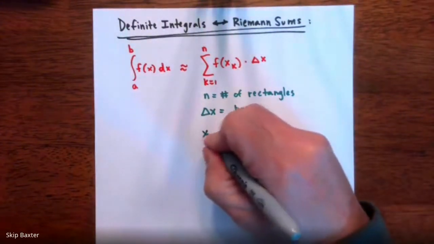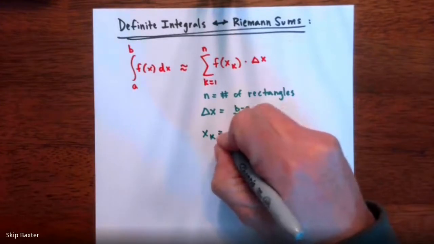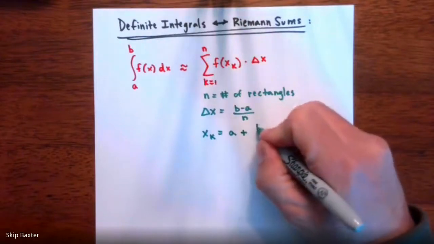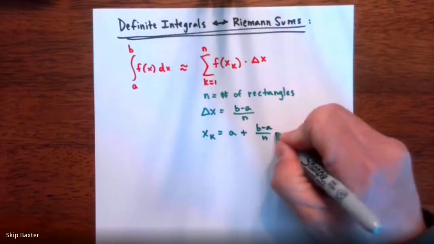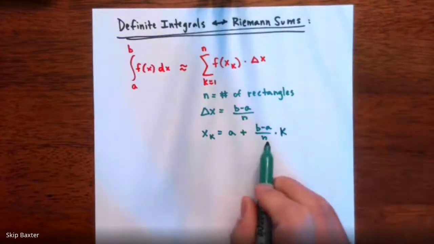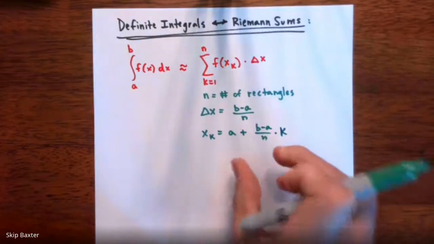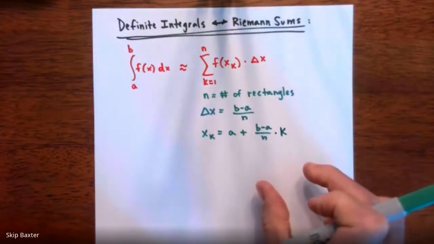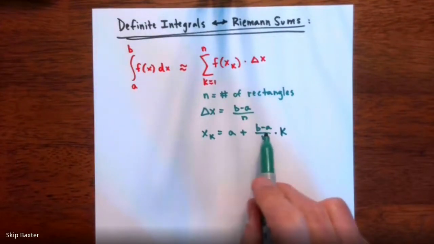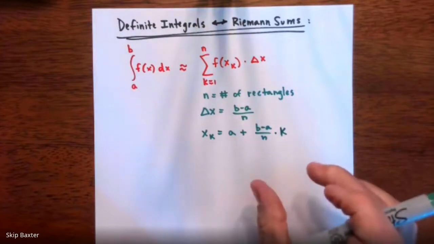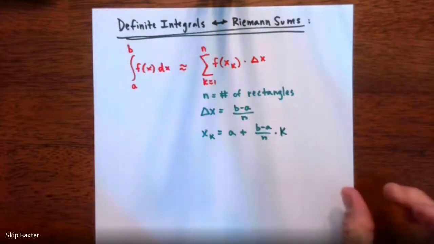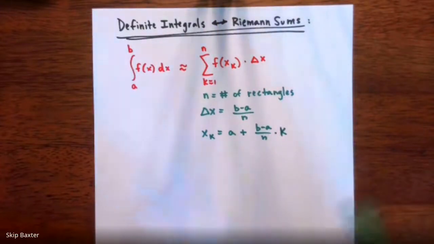And x subscript k was really like the initial point a plus b minus a over n times k, right? So think about that. This is like a plus however many widths you wanted to go over, right? So the first height would be calculated at a plus 1 width of a rectangle. The second height would be calculated at a plus 2 widths of a rectangle. That's the second rectangle over, and so on and so forth, right?